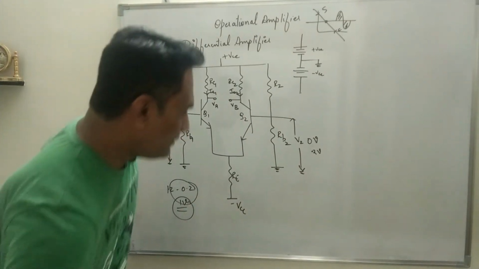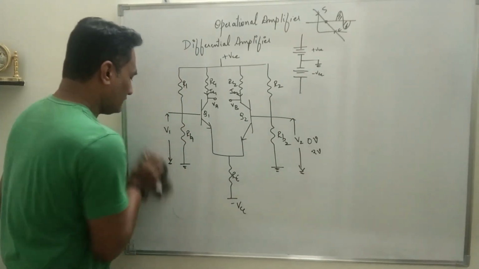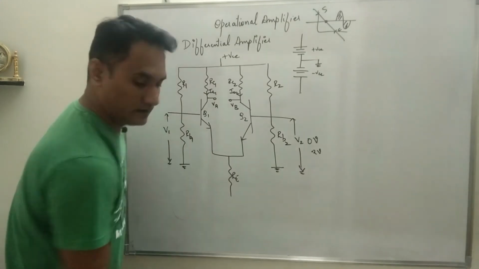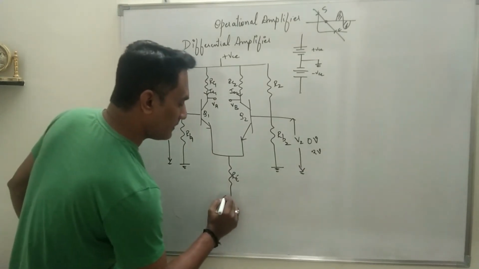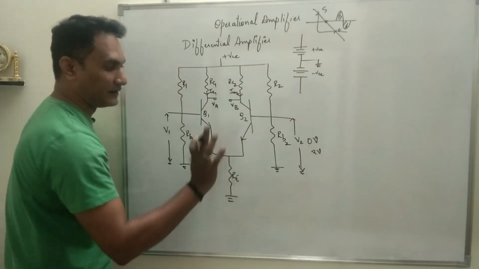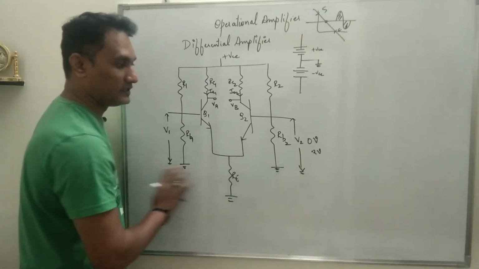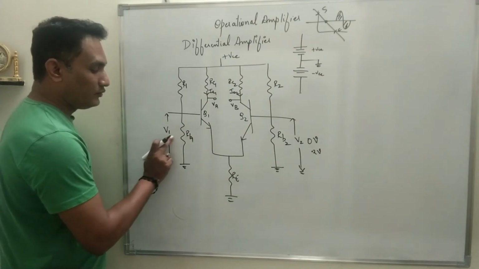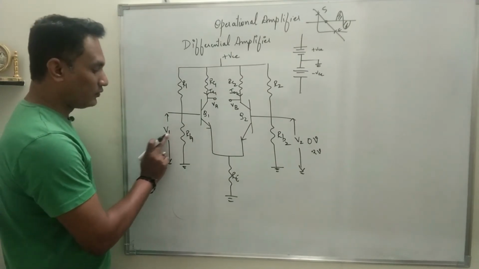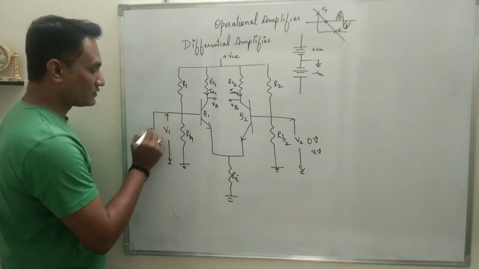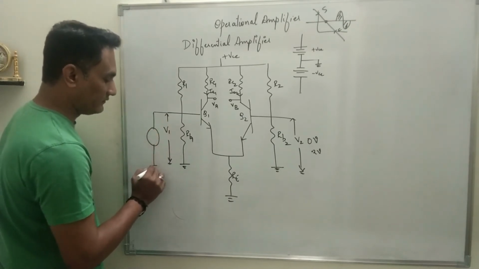Okay, let us just imagine that we have only one supply and a ground. This is ground, this is ground. Now as soon as an input voltage is applied, this is the input source, connected with respect to ground.